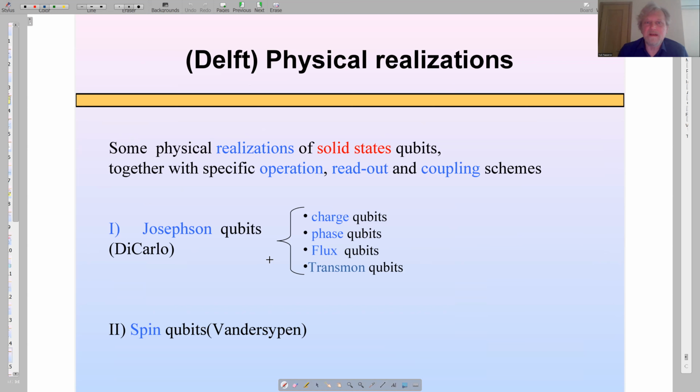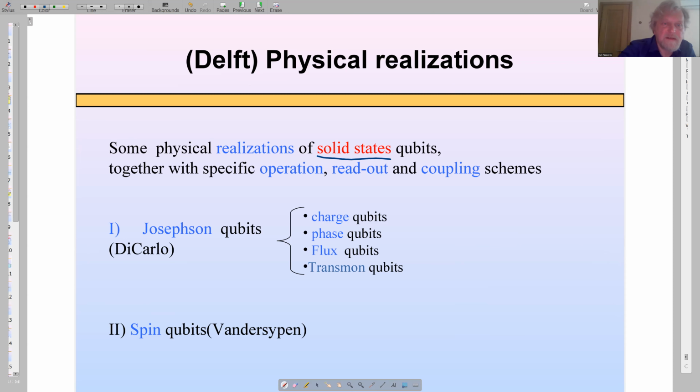Again, as I promised, I will concentrate, from all the plenty of possible realizations of qubits, which would also involve atoms, whatever, just on the realizations which involve solid state and which are worked on in Delft.